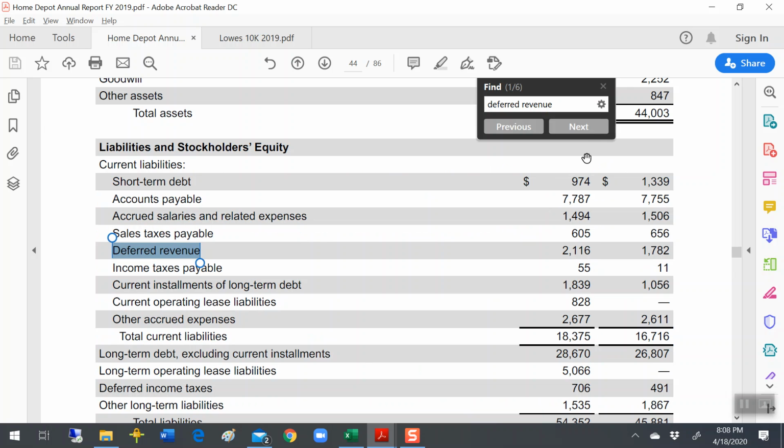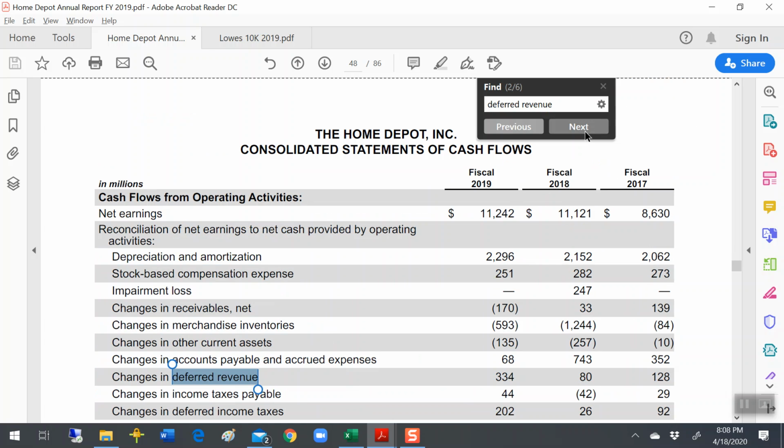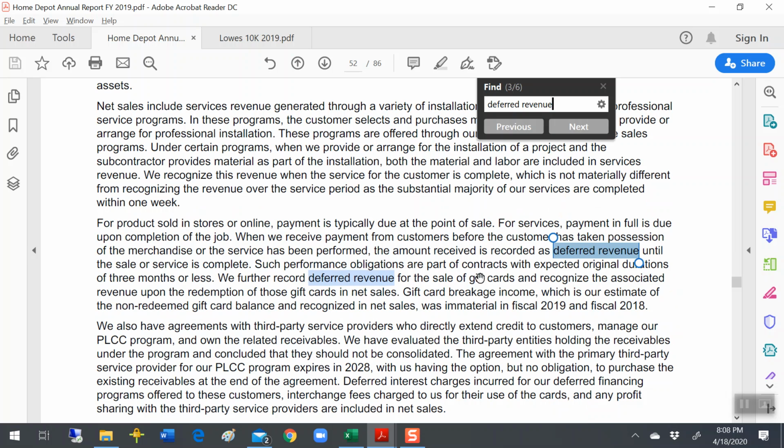Okay, so deferred revenue, we do the search. There we go. For products sold in store or online, payments are typically due at the point of sale. For services, payment is due upon completion of the job. When we receive payment from customers before they've taken possession of the merchandise or the service has been performed, it's recorded as deferred revenue until the service is complete.